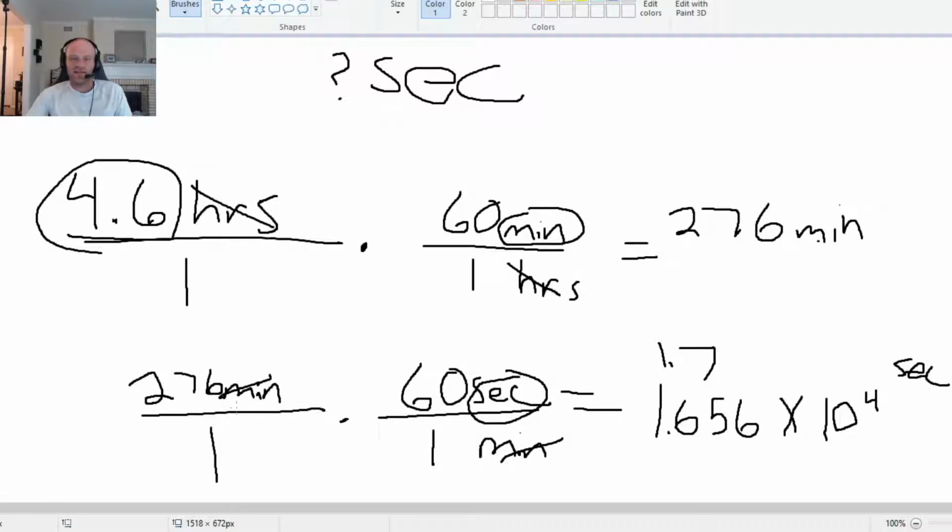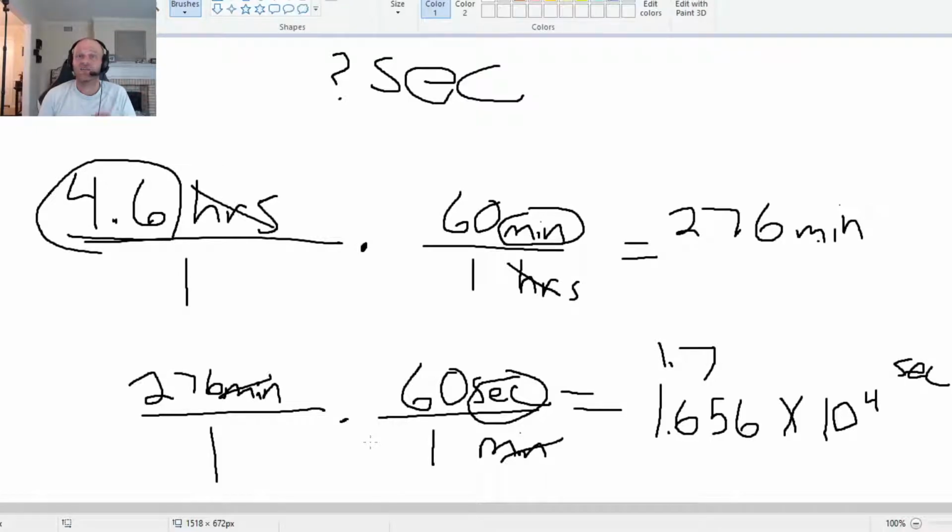Okay, so that is conversion factor, and you can use this to do all different sorts of things. You can use it to go back and forth between millimeter and meter, or kilogram and gram. You can use it to go from different units, like pounds to grams, or hours to seconds.